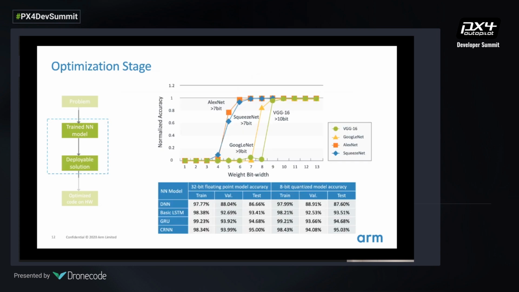Now, there is a stage that's called the optimization stage, and it really boils down to making sure that the model that you've created can run on your device. To do this, you have to shrink the model somehow. There are different optimization techniques, one of which is quantization. By reducing the size of the weights and the other bits of the model to run on your device, you can reduce the size that it occupies and run more efficiently.